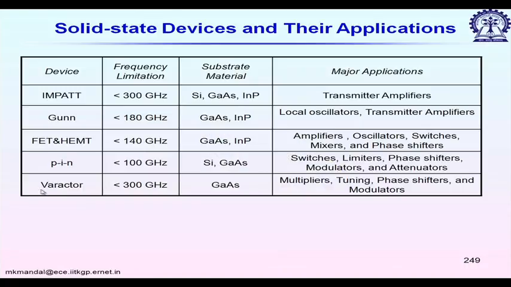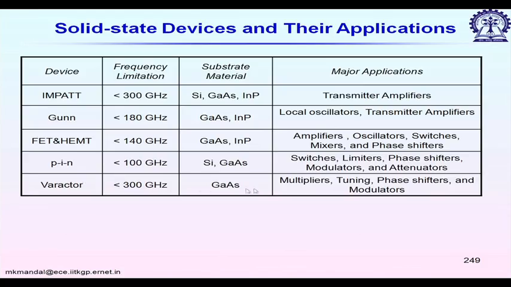Next, varactor, which can give a variable capacitor. When we need any tunable components, we can use a varactor and electronically tune the capacitance of the varactor diode. Typical applications: multipliers, tuning, phase shifters, and different types of modulators.